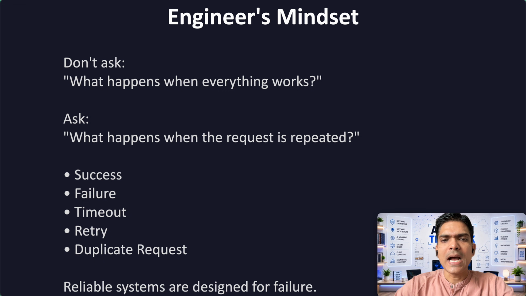Reliable systems are designed for failure. We know networks will fail. We know retries will happen. We know duplicate requests will occur. So instead of hoping they don't happen, we design our system to handle them safely. That's the idempotency mindset.